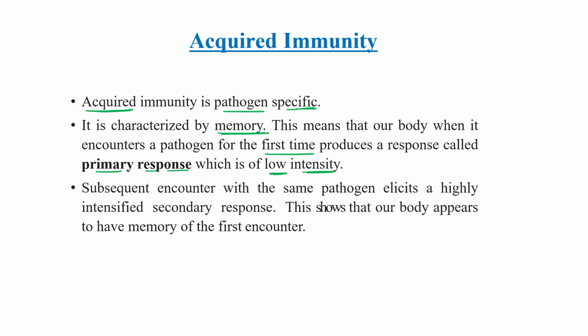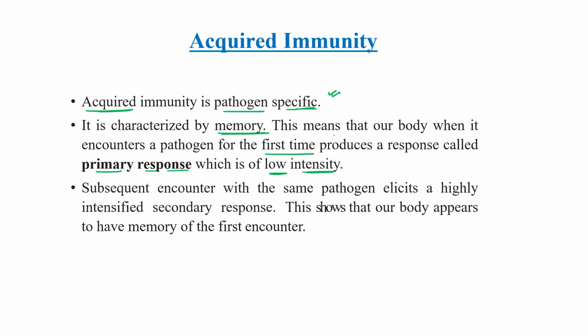Because during the time between the first wave and second wave, our body recognized the pathogen and prepared itself for the fight by producing antibodies against COVID-19. So acquired immunity is pathogen specific. First of all, we have to understand this, and it is characterized by memory.